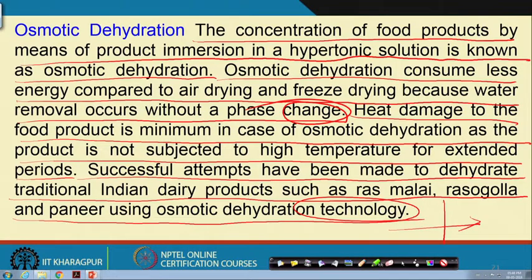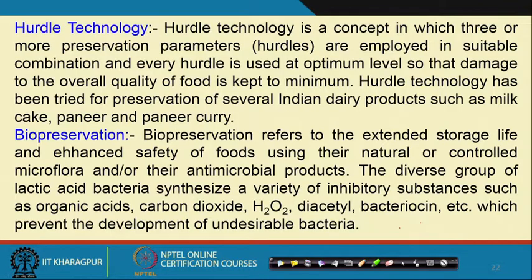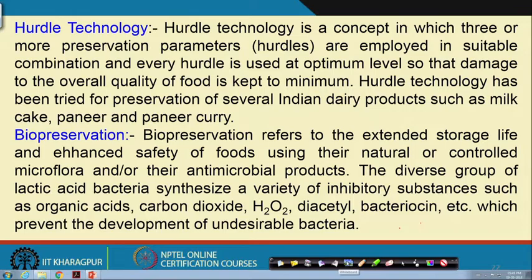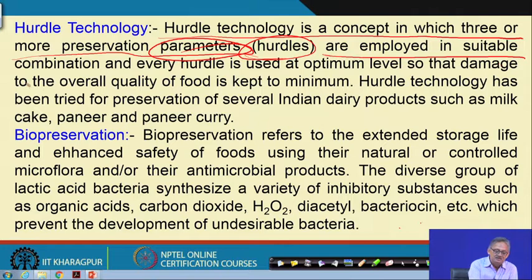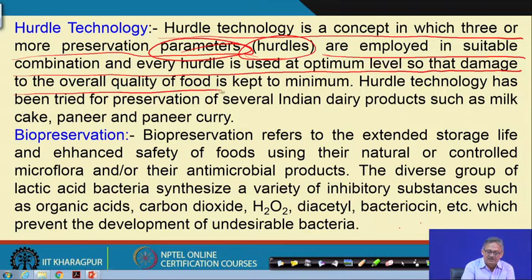Then hurdle technology. This hurdle technology is of course another one, that is where the combination. Hurdle technology is a concept in which 3 or more preservation parameters, that is hurdles, are employed in suitable combination, and each hurdle is used at an optimum level so that damage to the overall quality of food is kept minimum.